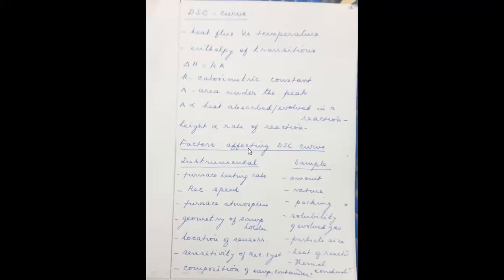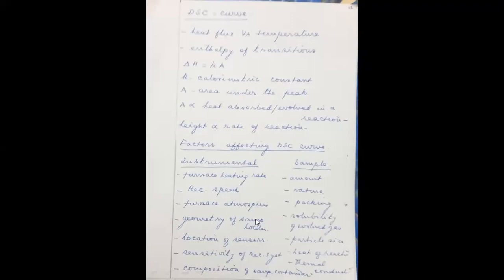Now, factors affecting the differential scanning calorimetry curve: instrumental, and on this side the sample. On the instrumental side, there are the furnace heating rate, recording speed, the furnace atmosphere, and the geometry of the sample holder. Why geometry of the sample holder? It depends upon the surface area.